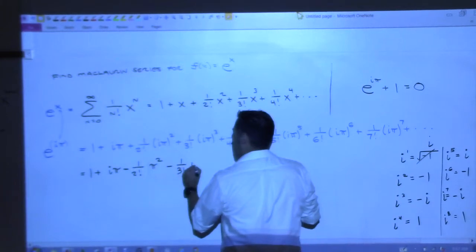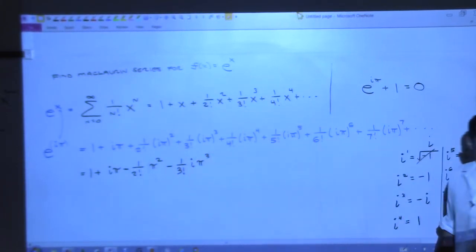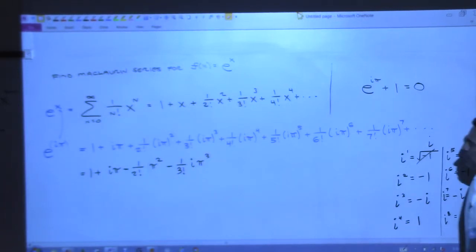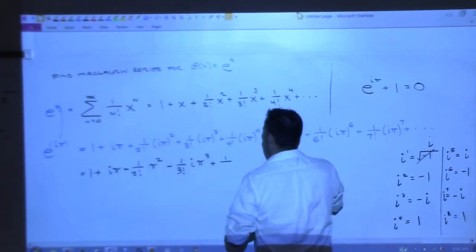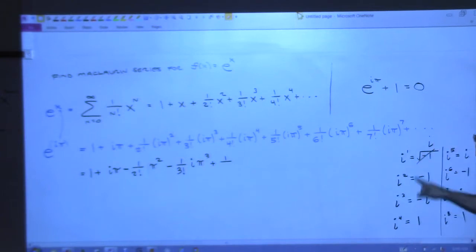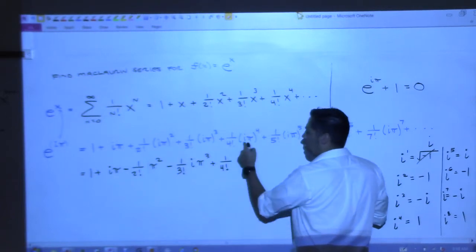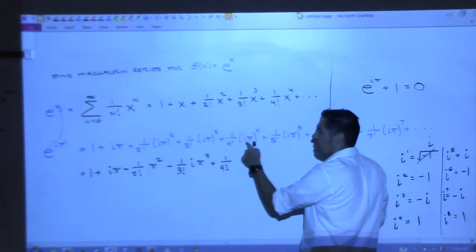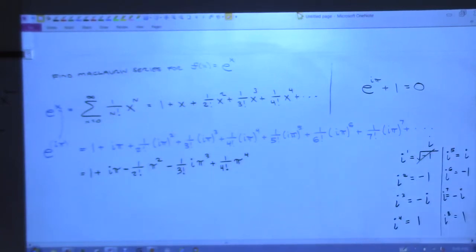I have an i there, and I have a pi cubed. Yes? Okay, next one. 1 over 4 factorial. Okay, so what's going to happen when I take i and raise it to the 4th power? We're going to get 1, right? So it's not going to change anything. It's just going to be 1 over 4 factorial, and then that i to the 4th was 1, and then we still have pi to the 4th. Yes? Okay.